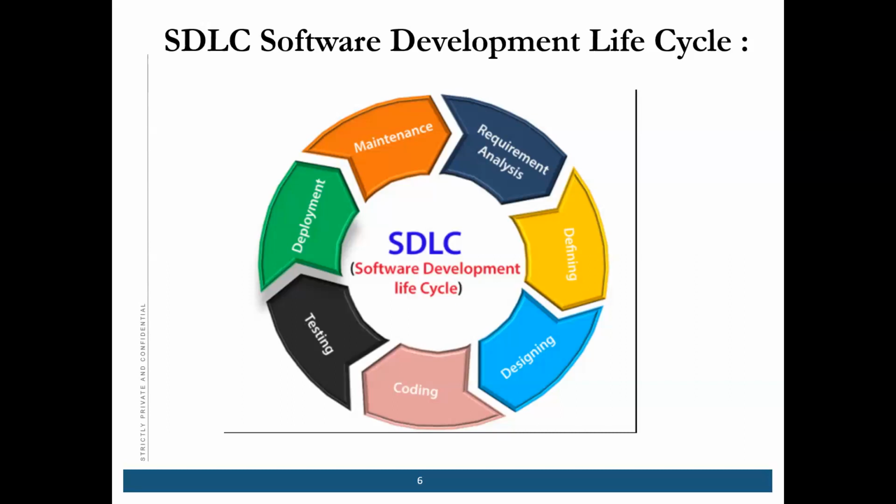So suppose you are logging into the Facebook application and you are using the same set of data you took from the developers, how will you try to break that system? Are you getting my point? Developers mostly do positive testing. They don't know how to break the system.